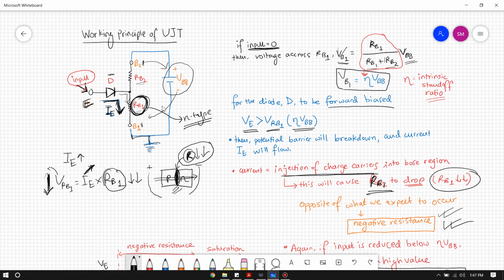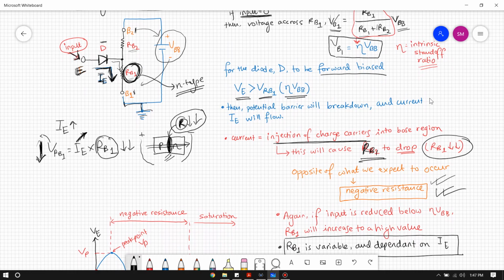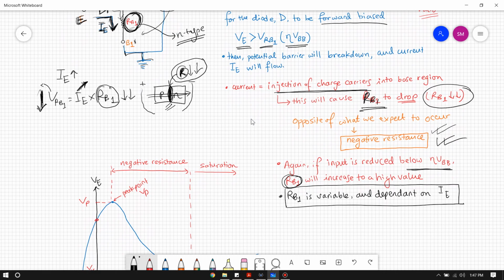Again, if the input is reduced below eta VBB, RB1 will start increasing. The thing you have to keep in mind with the UJT is that RB1 is not fixed. RB1 is variable and dependent upon IE.